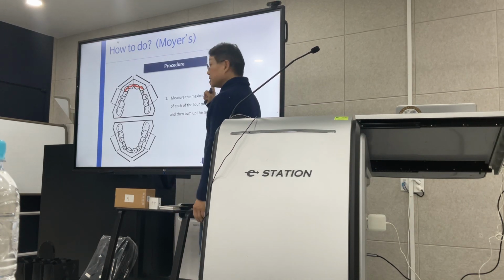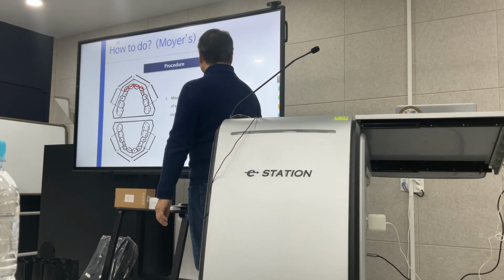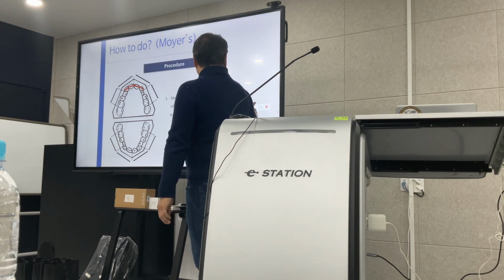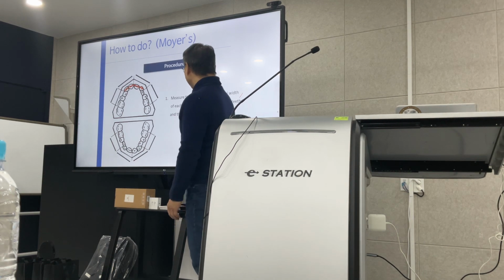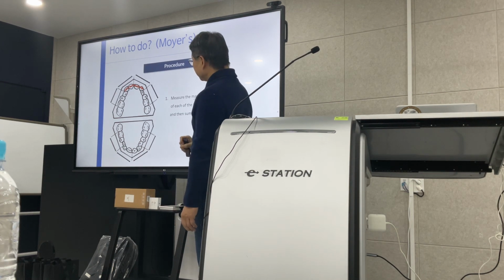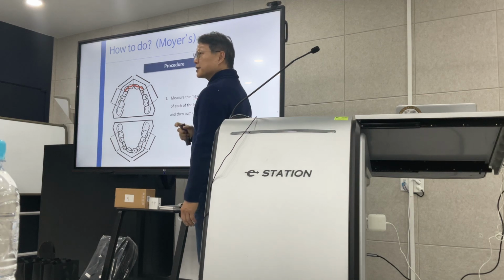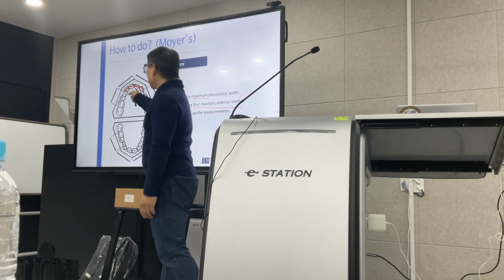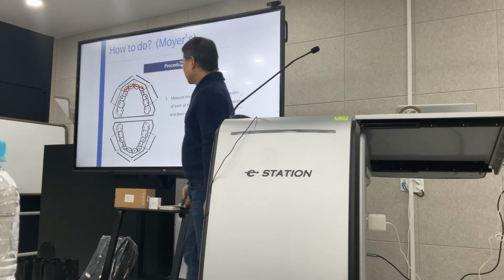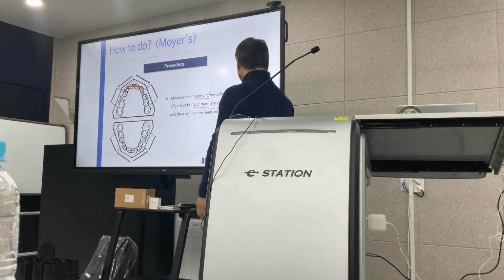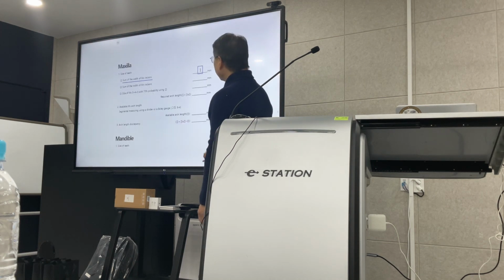And procedure number 1: measure the maximum mesiodistal width of each of the four maxillary, if possible, maxillary anterior teeth. You can calculate, right? Here, right? So, number 2.